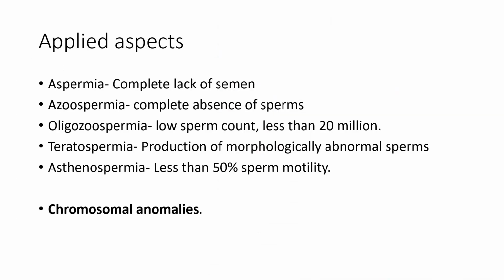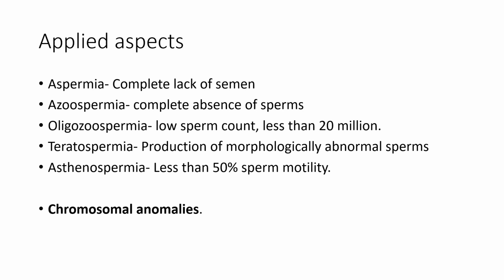Coming to the clinical significance, if there is complete lack of semen during ejaculation, it is called aspermia. Complete absence of sperm is called azoospermia. If the sperm count is low, less than 20 million, it is called oligospermia. Teratospermia is the production of morphologically abnormal sperms.